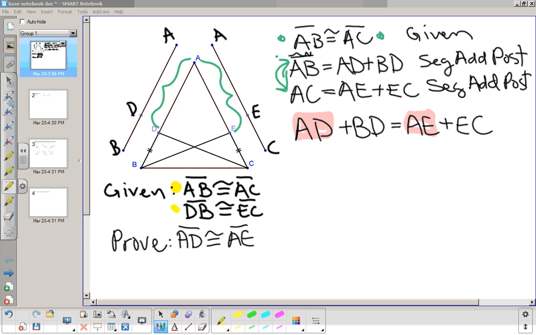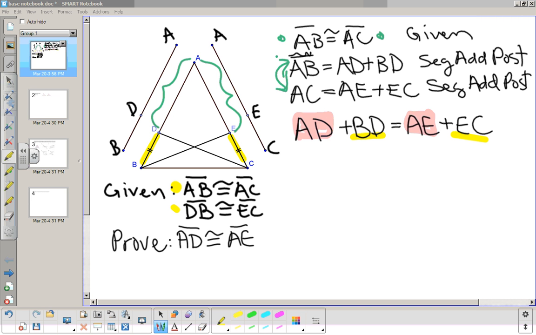And I'm really darn close, because if we look at this next item, it is BD and EC, they're right there. Now I have to do some substitution, so we can't just say, oh, I can subtract BD from each side. Well, we haven't declared that BD and EC are congruent, and we haven't done substitution, so keep going.